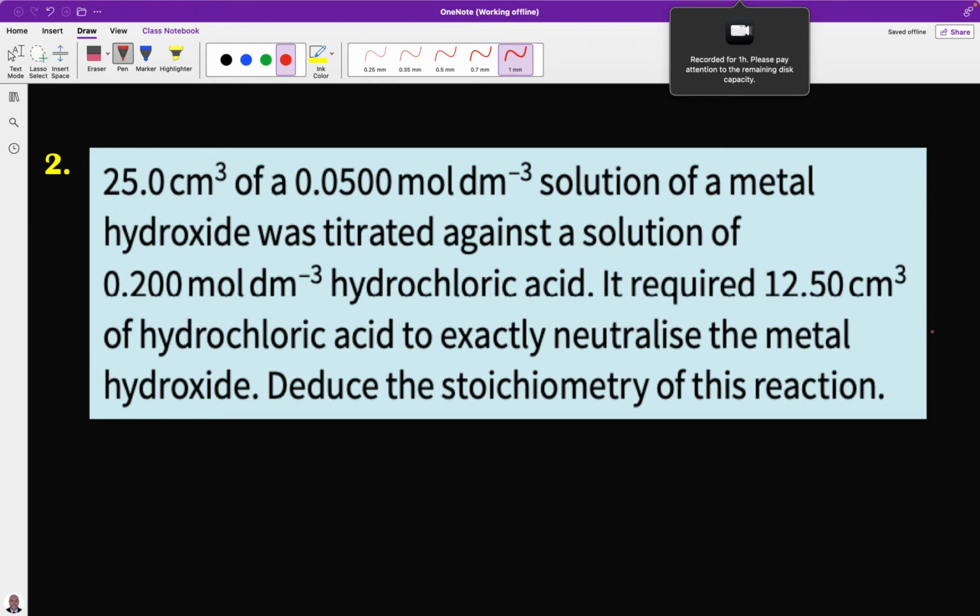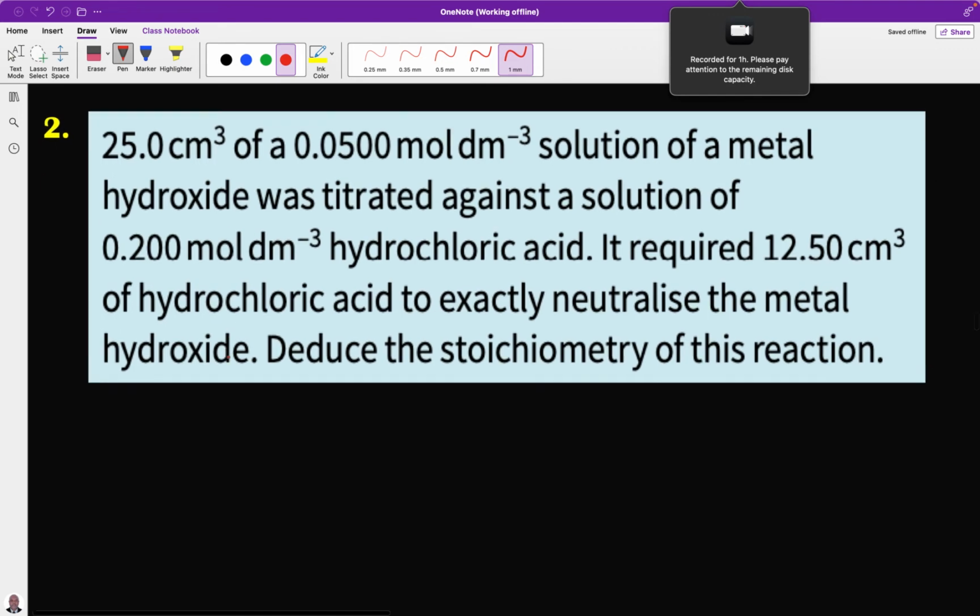So what is required here is we will use the same relation, which is concentration equals moles over volume. And we rearrange it, because we will be looking for the number of moles. The first thing you need to do here is look at the data before choosing the relation to use.